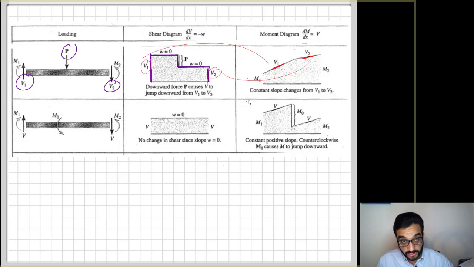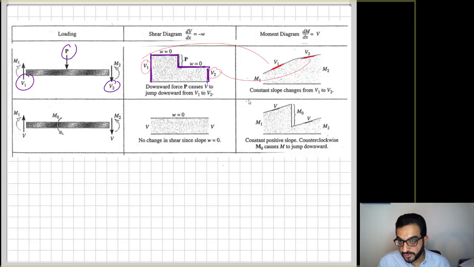So you just go flat, horizontal, until you hit P. And once you hit P, you drop with a P drop value in the shear diagram. And then there is no distributed load, so you go horizontal, W is equal to 0, horizontal slope, until you hit V2, which brings you down to 0.